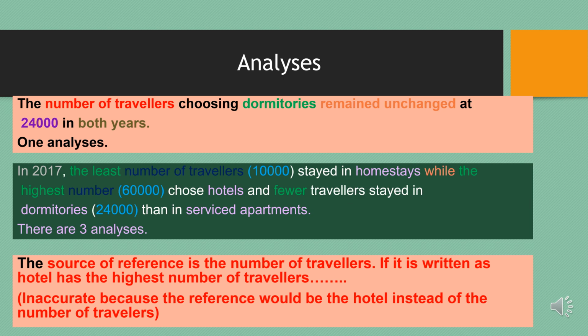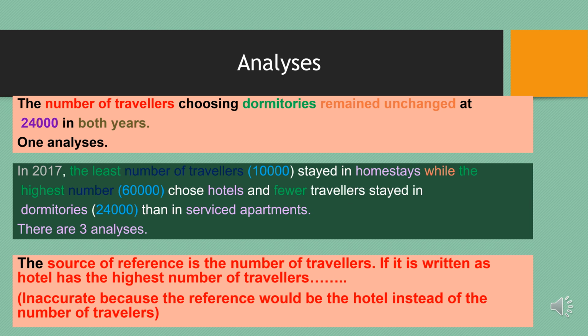And the last one is fewer travelers stayed in dormitories, 24,000, than in service apartments. Fewer here is the trend. Travelers again, remember the first part of the sentence there is number, so it is again the source of reference. Dormitories would be the key feature, 24,000 would be the data. Then, in service apartments, comparing with service apartments here, so it is another analysis.